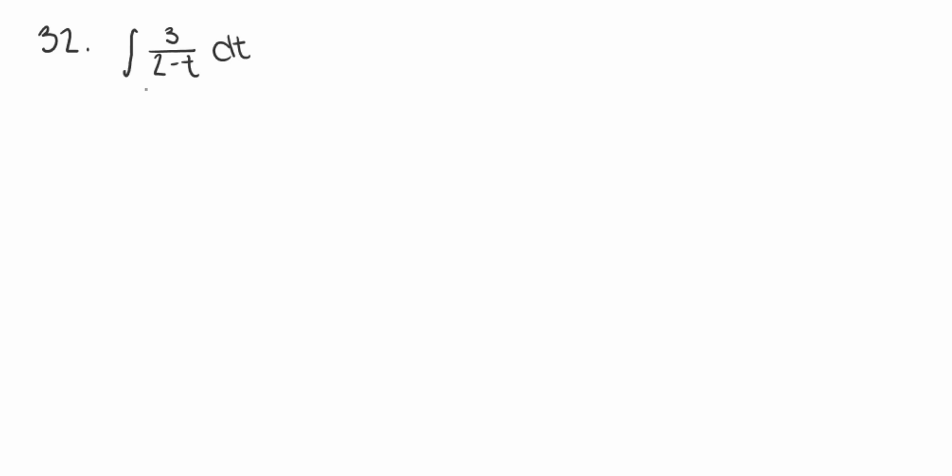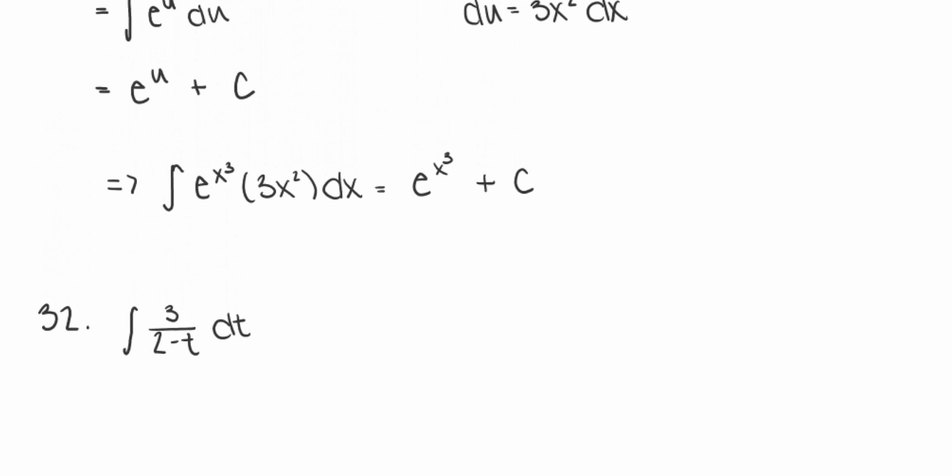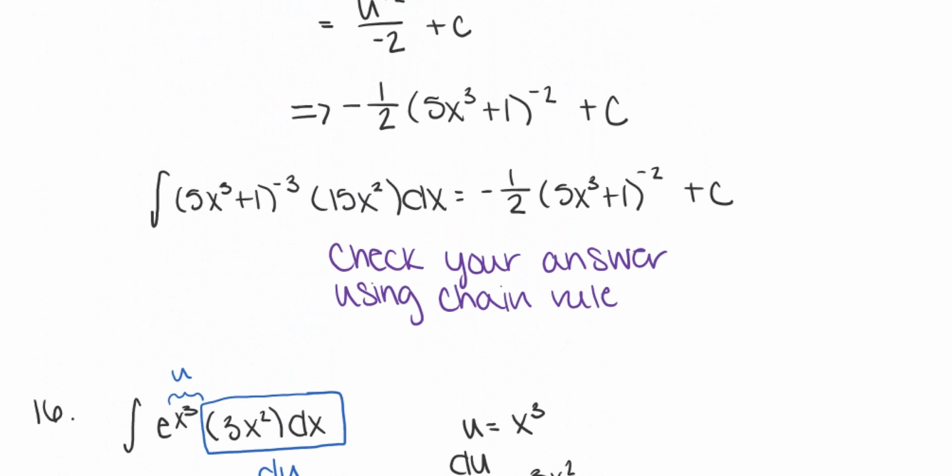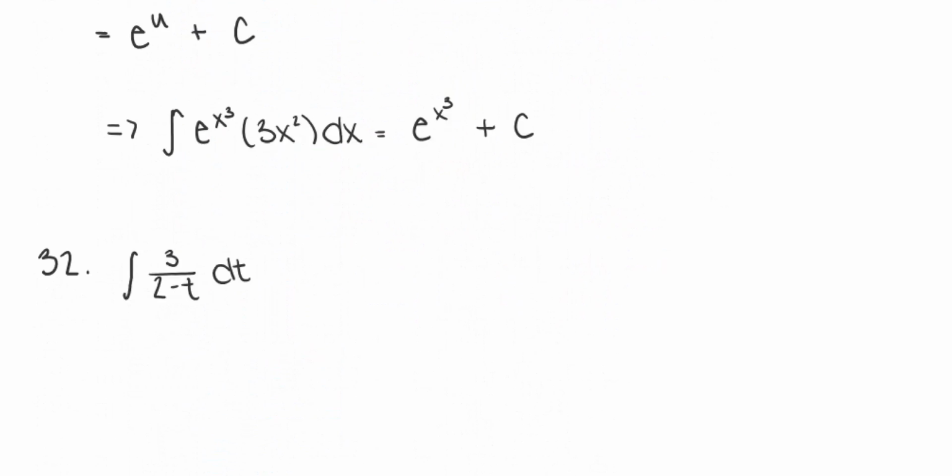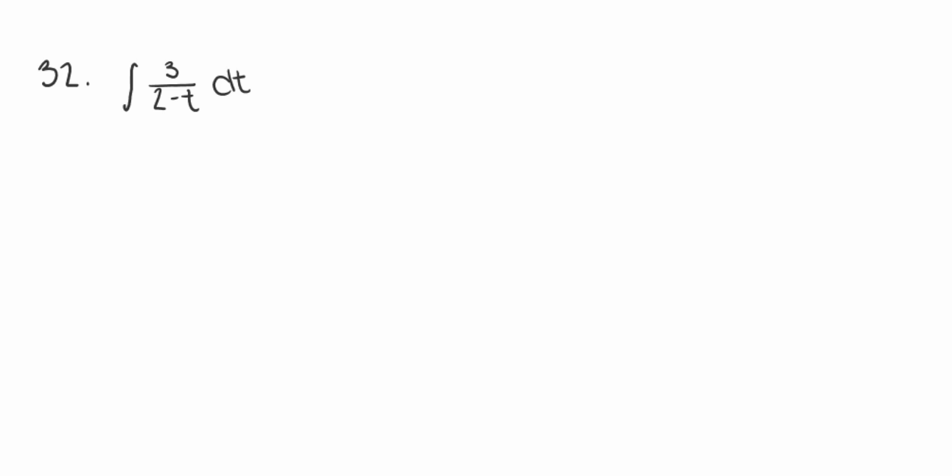And I would say go with the most complex out of those. Another thing I mean by most complex is highest power of your variable. So here you have x cubed and you have x squared. X cubed is a higher degree, so that's your more complex term versus your x squared. Same as up here, you have x cubed, x squared. X cubed is your higher degree, so it's more complex. Your 3 is just a constant. So 2 minus t is more complex than 3.